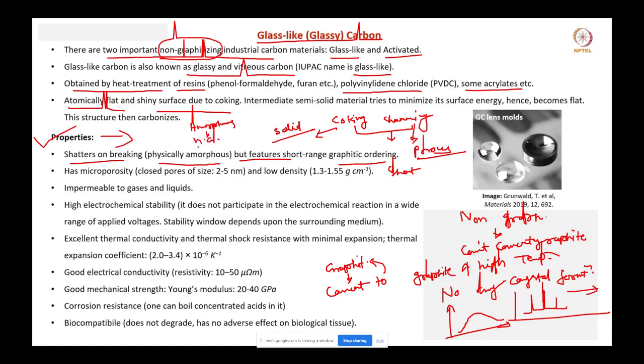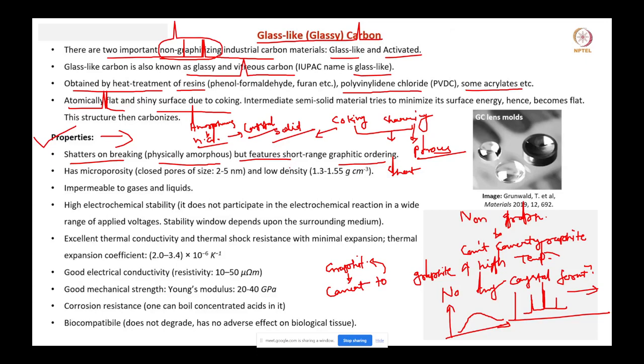Since it is a non-graphitizing material, you can't make a crystal out of it. Even if you give a very high temperature, you cannot get a crystal. So that's why it is amorphous. It will usually shatter when you apply some force or try to break it.